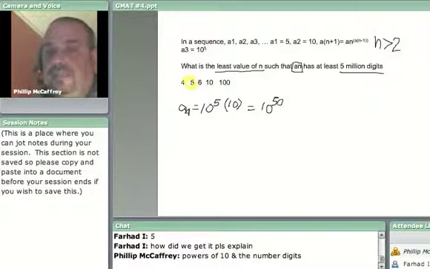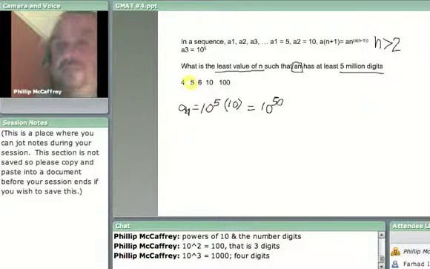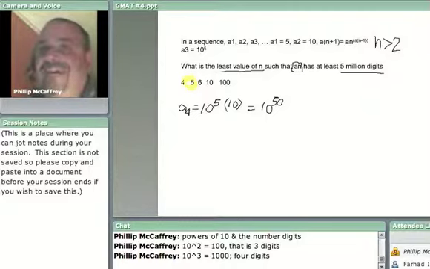So 10 to the 2 is 100, and that is 3 digits. 10 to the 3 is equal to 1,000. Obviously, 4 digits.